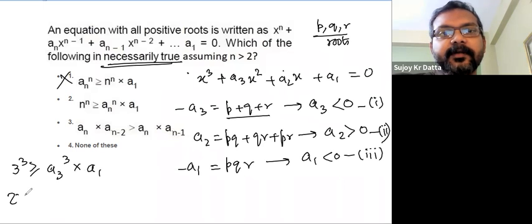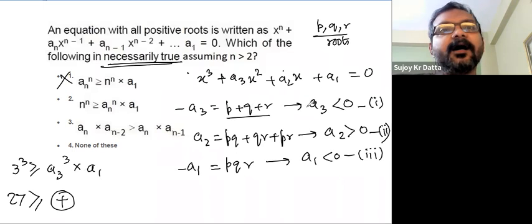So we are saying that 27 is greater than or equal to a positive quantity, which might or might not happen. Again, that depends on the values of PQR. And just because it is a cubic, we should not think the 3 has a real role to play in the values of a1, a2, a3. So this doesn't look very likely. Let's keep it on hold for a minute.